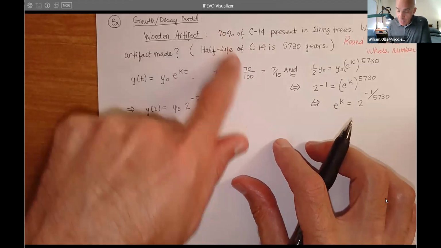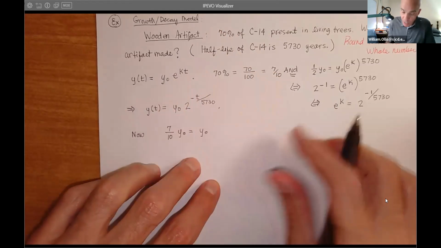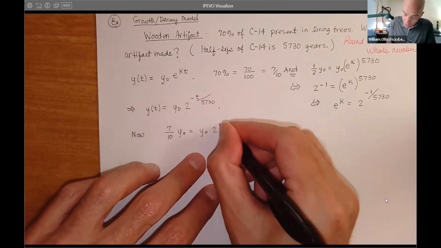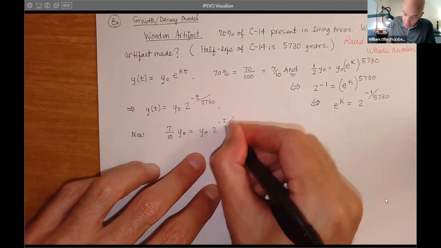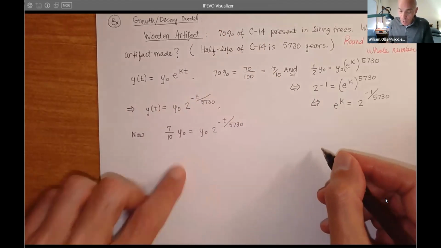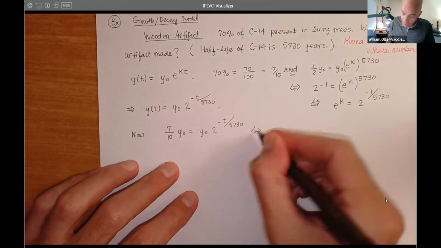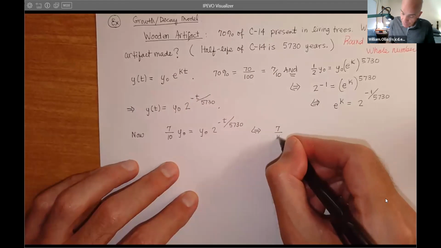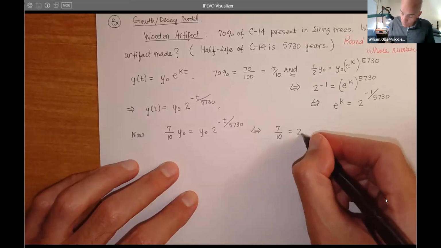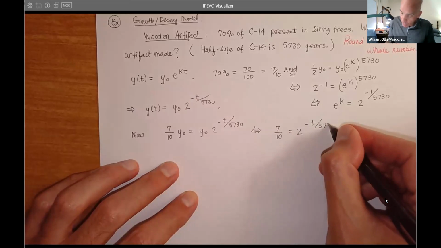We have 7/10 of y sub 0 equals our predictor, that is y sub 0, 2 to the negative t over 5,730. So now the y sub 0 is absorbed, and we just get 7/10 equals 2 to the negative t over 5,730.